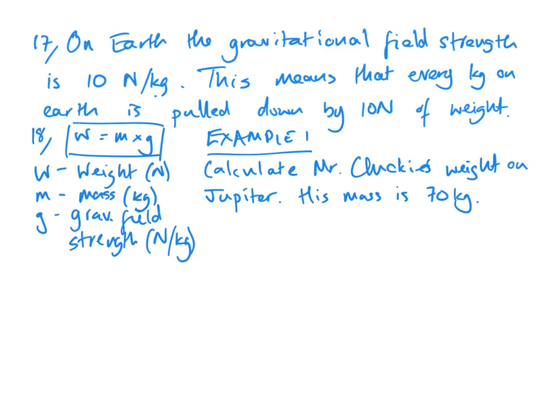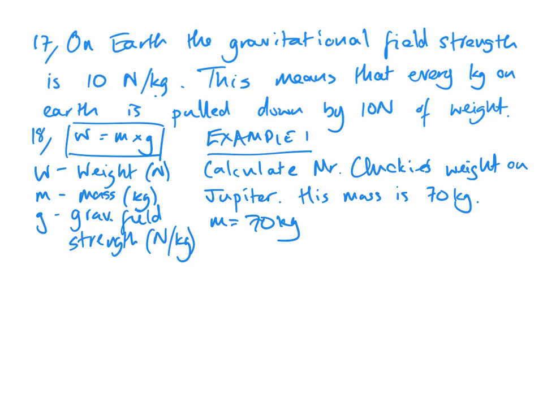Okay, so example 1, a more straightforward example. Calculate Mr. Clucky's weight on Jupiter. Just a reminder, his mass is 70 kilograms. So we go through the question, and the only information given is 70 kilograms, but we are also told that it's Jupiter.